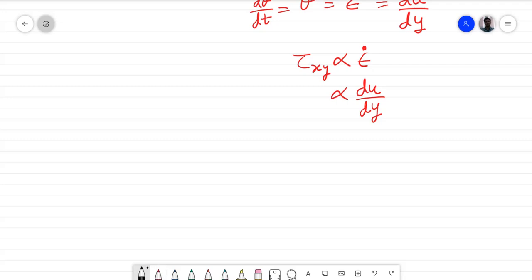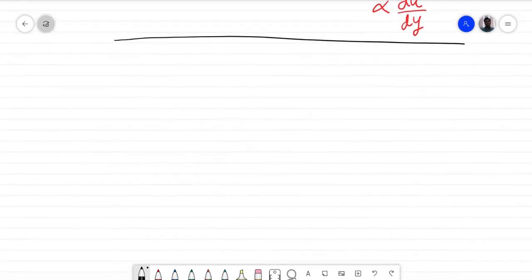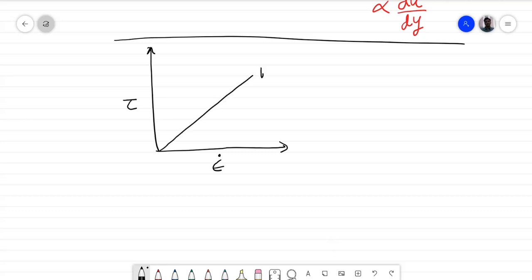Okay, now we'll discuss different kinds of rheologies. If we plot a stress versus strain rate graph here, tau versus epsilon dot, we just said that for a Newtonian fluid it is a straight line passing through the origin. So it is a Newtonian fluid.